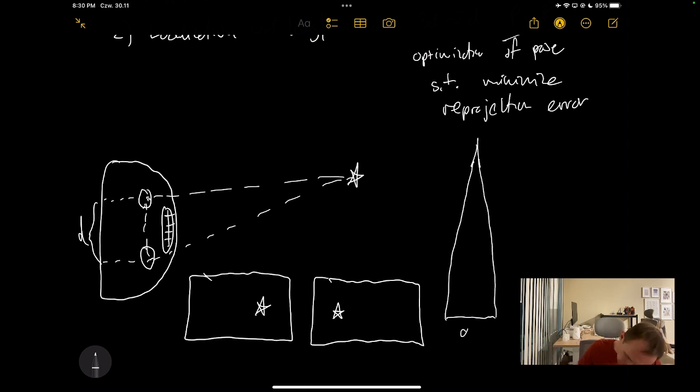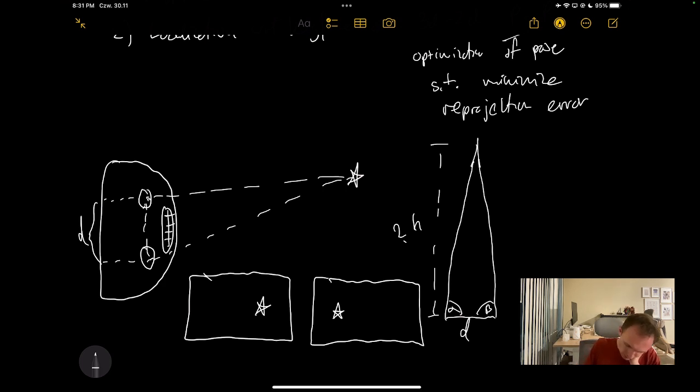Here's the distance between the eyes, D, and I want to estimate how far away the star is. So what's the height of this triangle, and how can I find it? If I knew this angle over here and this angle over here, I could use trigonometry to figure it out. And in fact I do know them.